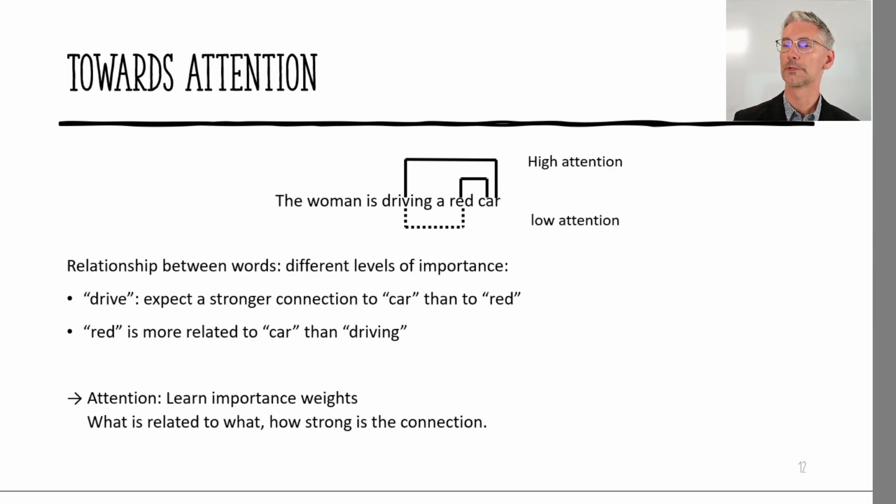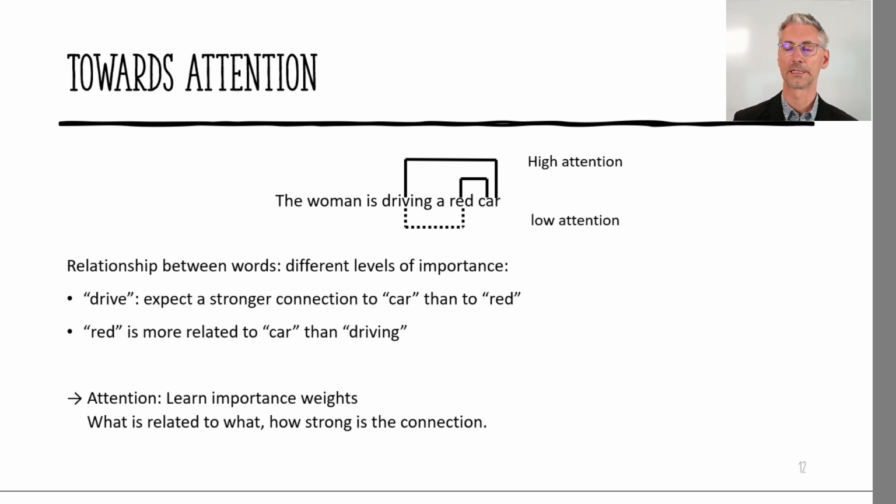So let's move towards attention. What is the basic idea of attention? The idea is that different parts of the sequence have more relevance to each other than other parts of the sequence. Let's consider the sentence, the woman is driving a red car. We can, for example, say that red and car belong together because red directly describes the car.